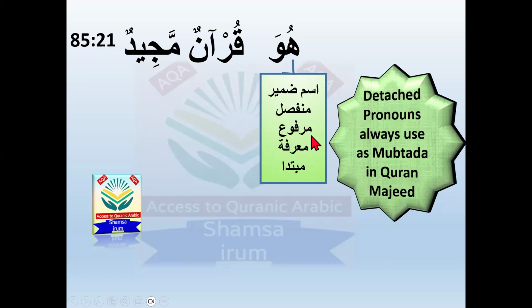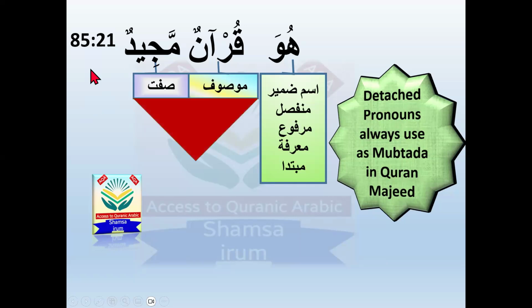So both requirements are complete here for the mubtada, marfu and marifa, and it's starting the sentence as well. Now let's move on. Quranun majidun. Quranun is the mausuf and majidun is the sifa. All four requirements are complete here: they both are masculine, marfu, nakira and singular.